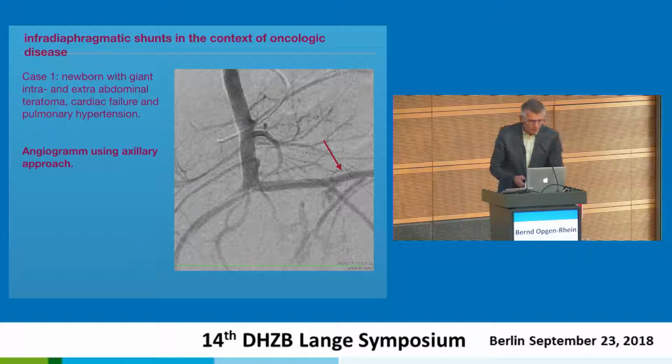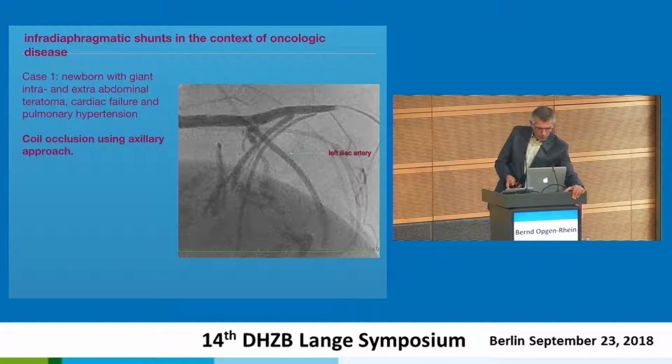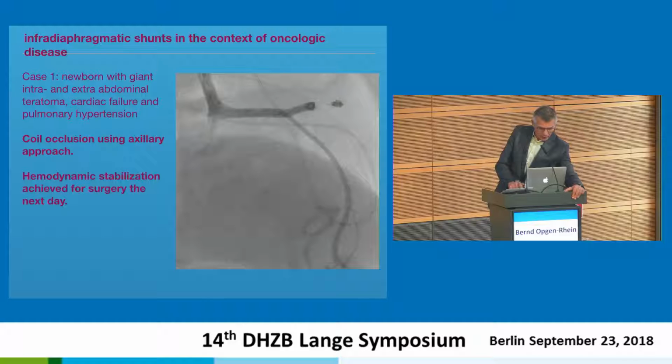So in this case, we go from an axillary approach and are able to get to the feeding vessel and have to be sure not to close the iliac artery over here, but this was very easily done.